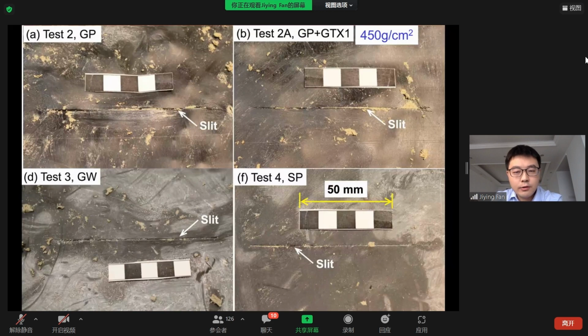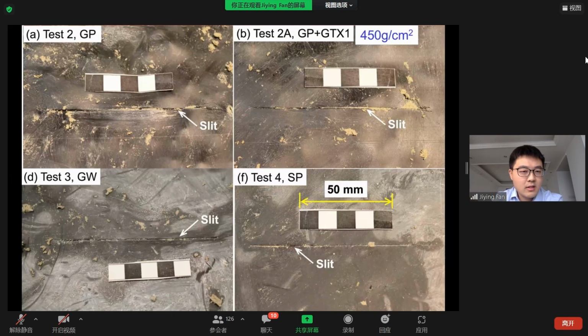And here are 4 figures showing the post-test exhumation of the geomembrane after removing the tailings. We can find that for the poorly graded gravel subgrade and well-graded gravel subgrade, the width of the slit is actually irregularly wider. And for the poorly graded sand subgrade, there's no notable slit opening observed.